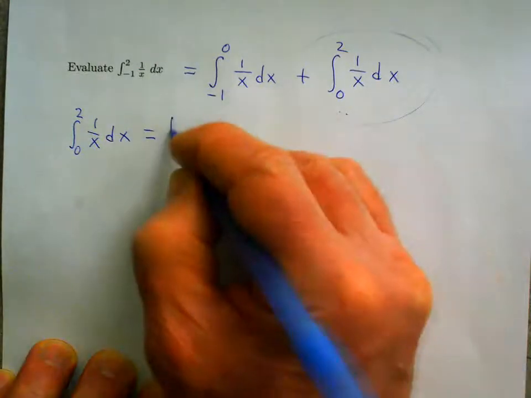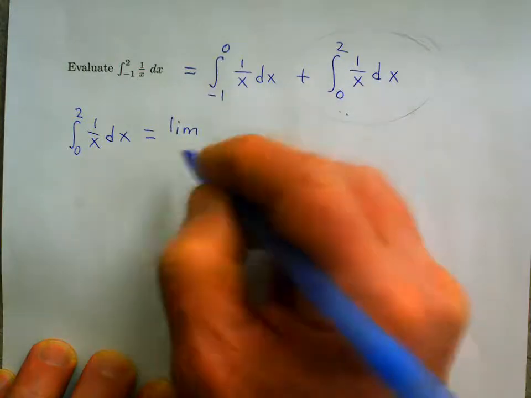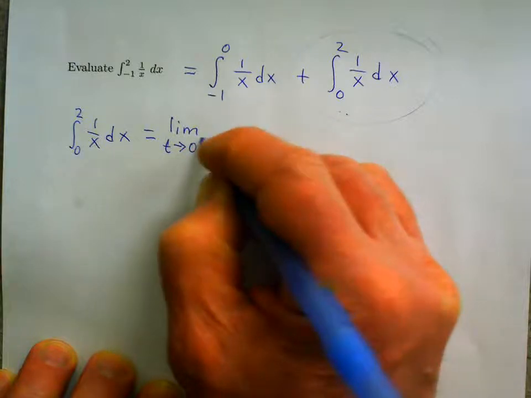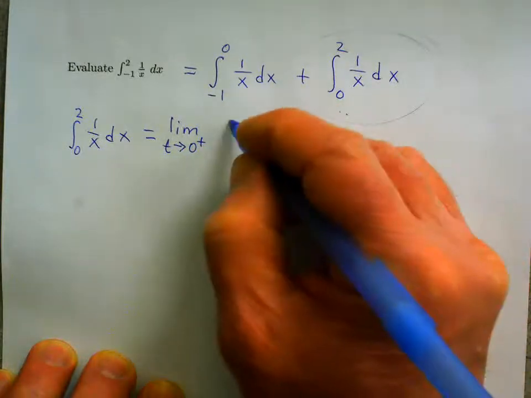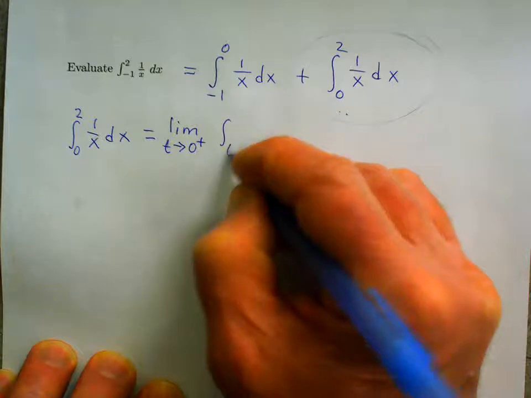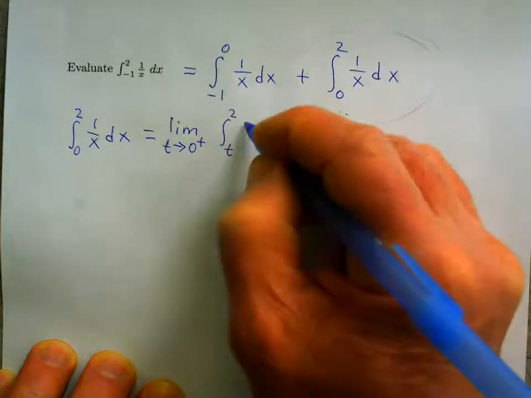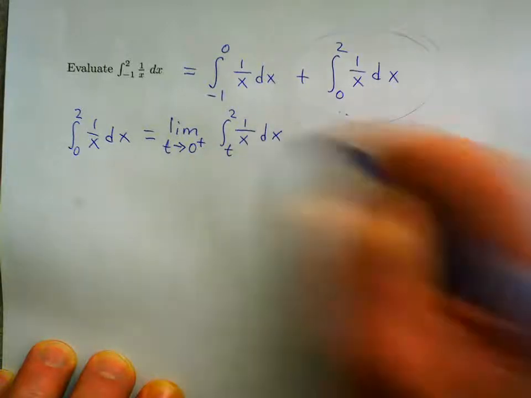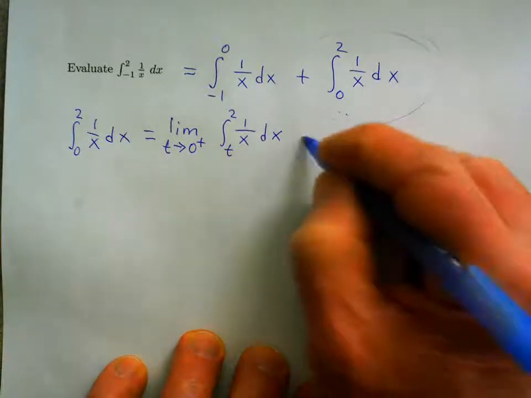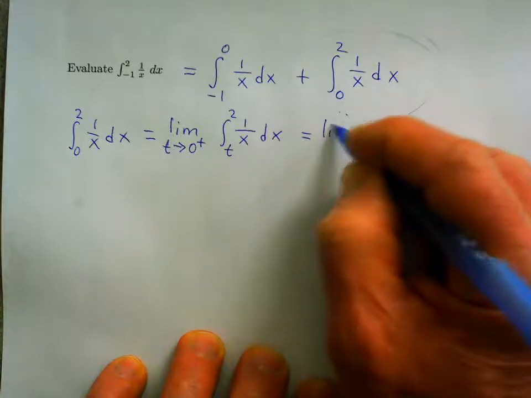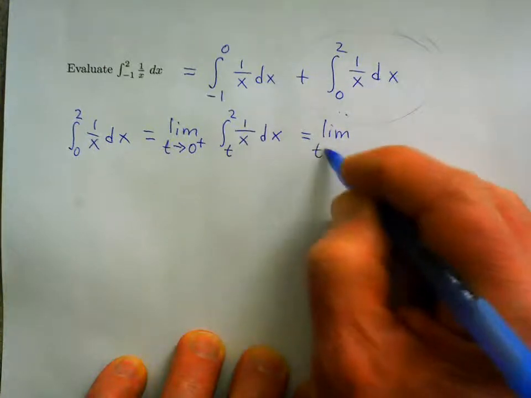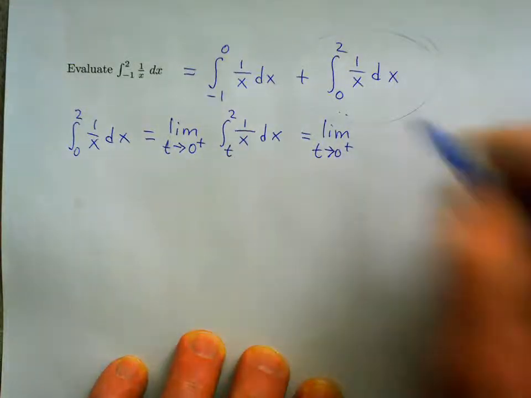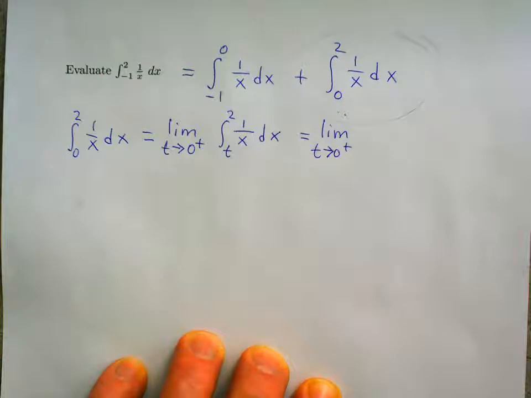We define this as the limit as t approaches 0 from above of the definite integral from t to 2 of 1 over x dx. So how are you betting? Do you think this is convergent or divergent?